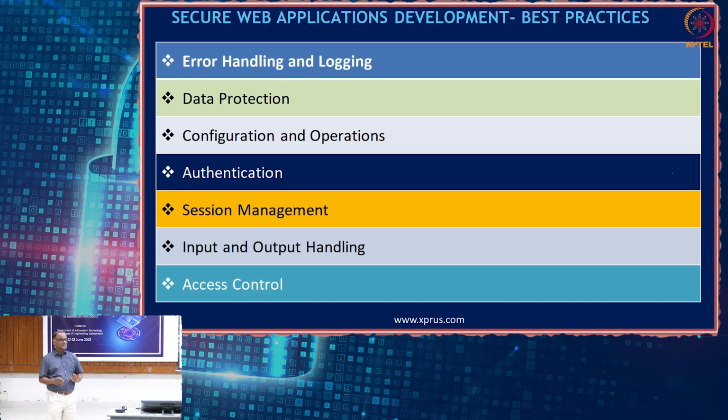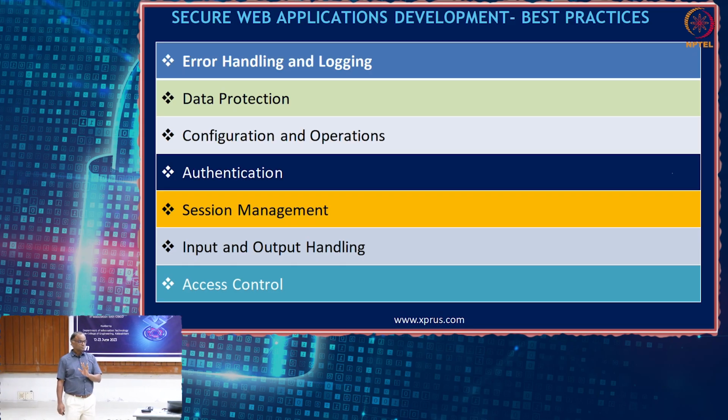For example, if a wrong user ID or a wrong password is entered, what do you show to the user? Incorrect password. But within your system, how do you capture and interpret that? An error code 001, more than 3 attempts, incorrect password. So error handling and logging, both are important.